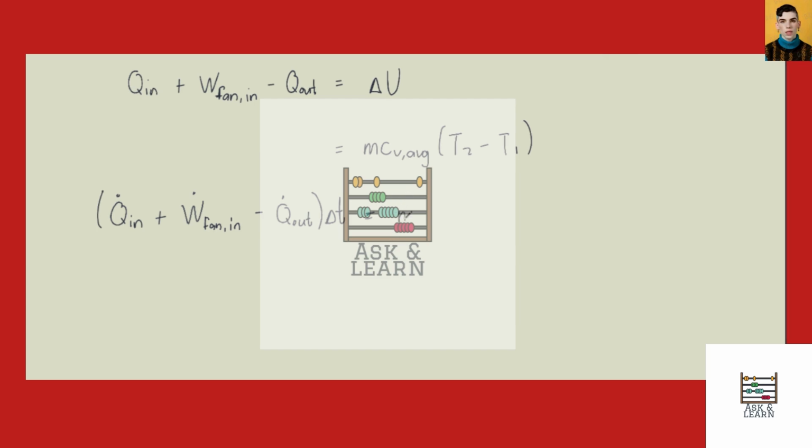So essentially, by the chain rule, we have the rate of change multiplied by delta t, and that's equal to the right-hand side, which stays the same. So m c_v into T2 minus T1.